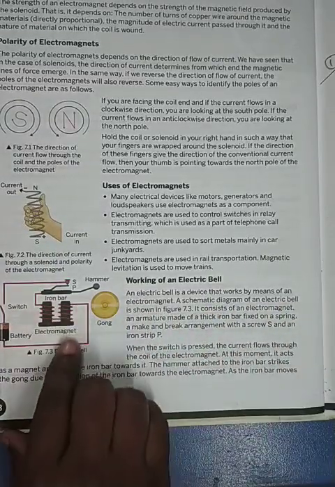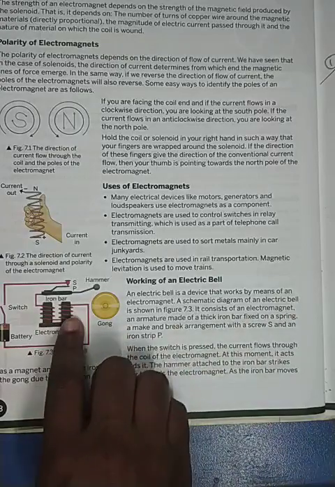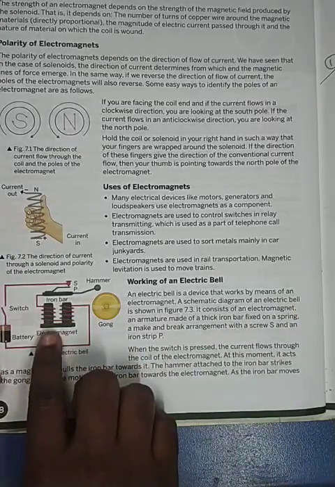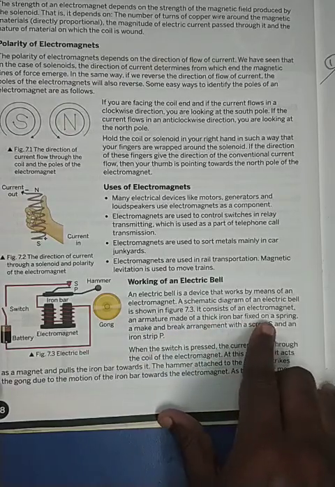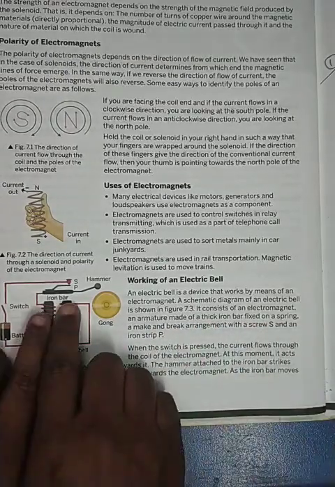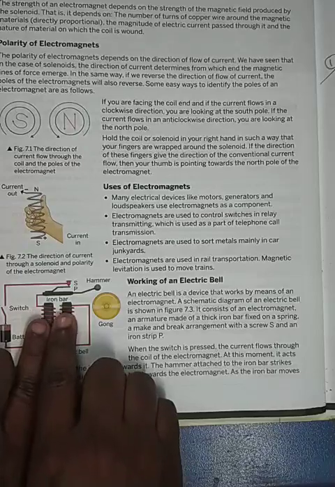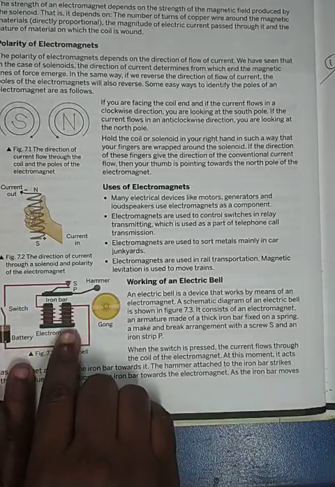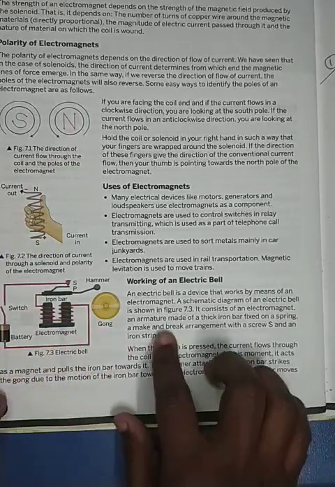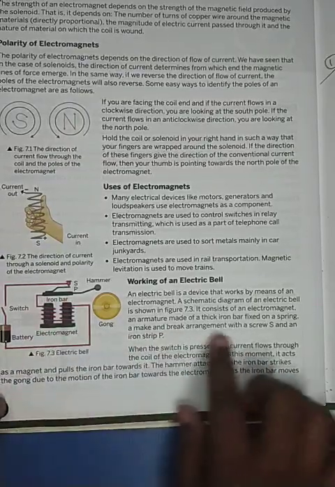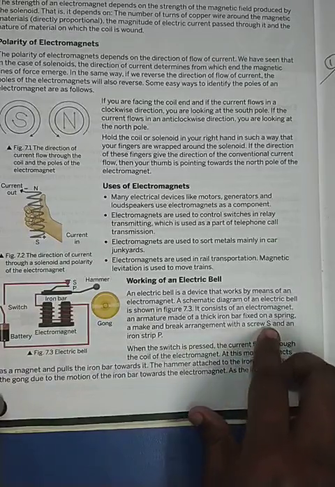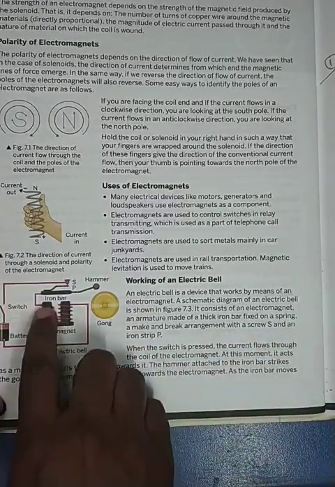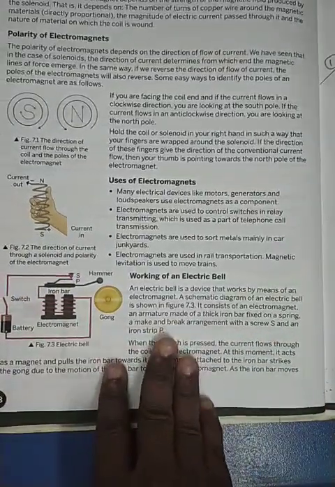The diagram they have shown consists of an electromagnet. How is this electromagnet formed? With an armature made of a thick iron bar fixed on a spring. So these two are the thick iron bars fixed on a spring. Then they are making a break arrangement with a screw S and an iron strip P. So this is the total arrangement.